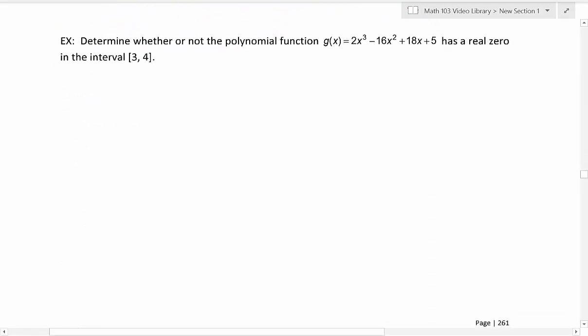Let's try another one. Determine whether or not the polynomial function g(x) equal to 2x to the third minus 16x squared plus 18x plus 5 has a real zero in the interval [3, 4]. Again, we're going to find g(3), g(4), and then compare their signs.